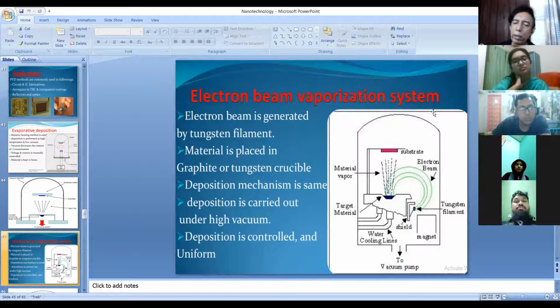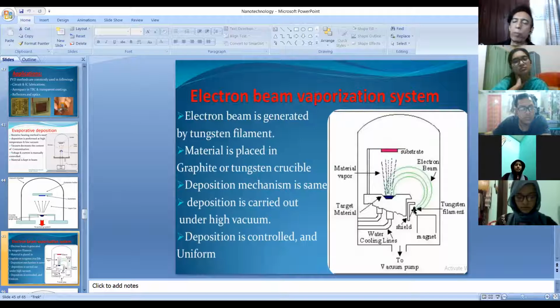What is that? A beam of electrons is bombarded onto the target. That means a beam of electrons produced from an electron gun. We will see later what an electron gun is when we study the STM, SEM or TEM.